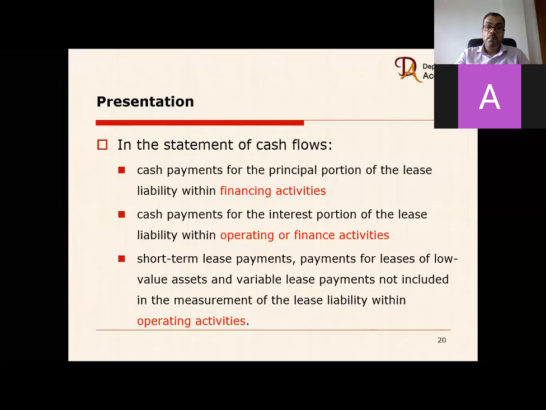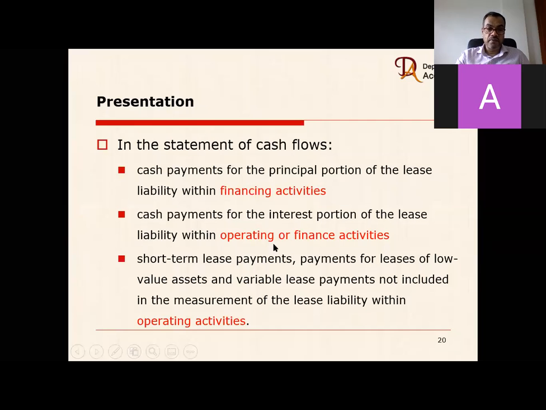There is no option. But when it comes to the interest portion, that is 10,000, according to my example, 60,000: 50 is capital, 10 is interest. For that 10,000, we have two options. Actually, 10,000 is an interest. Interest normally links to financing activity. Therefore, if you wish, you can show this as a financing activity as well. Alternatively, you can show it as an operating activity. It's not our choice.